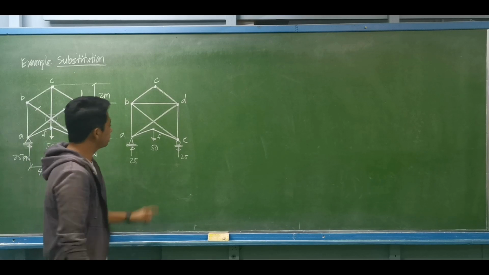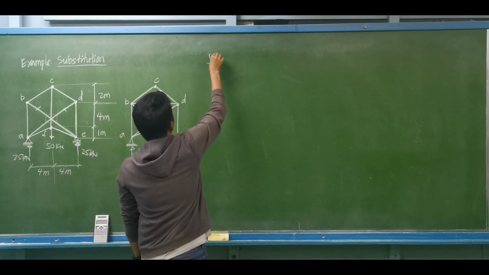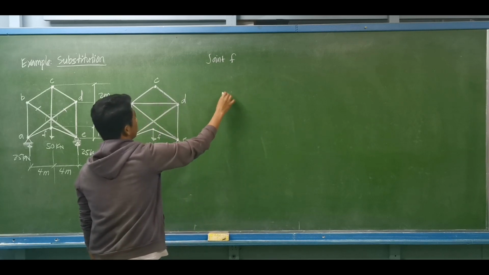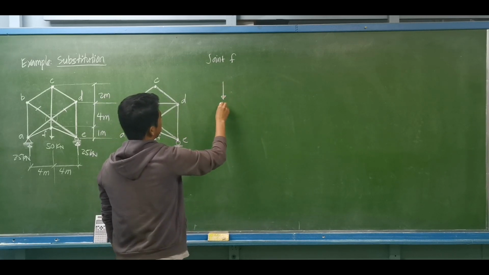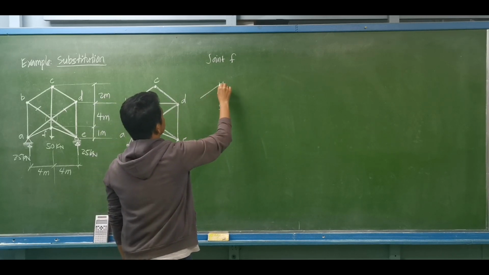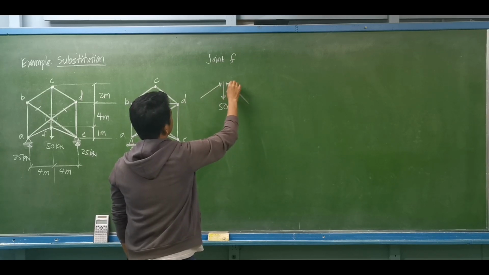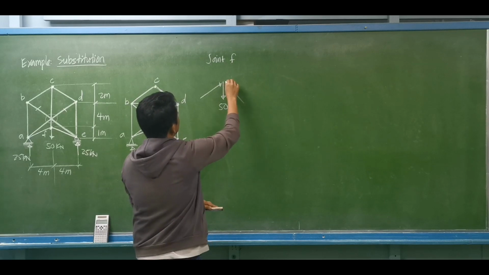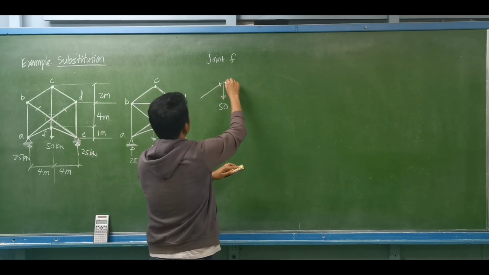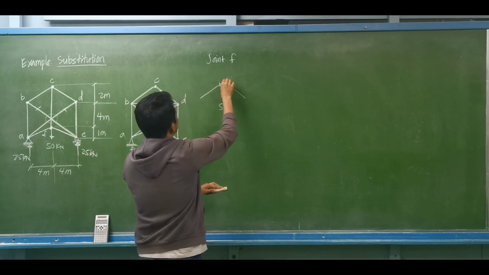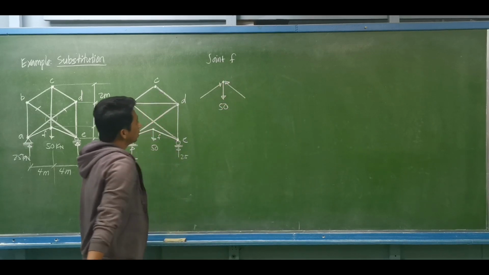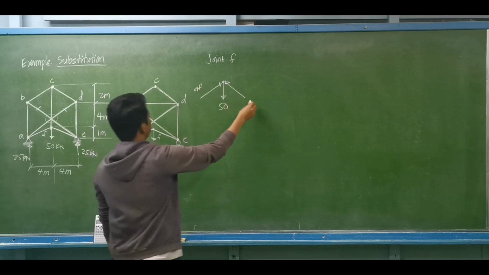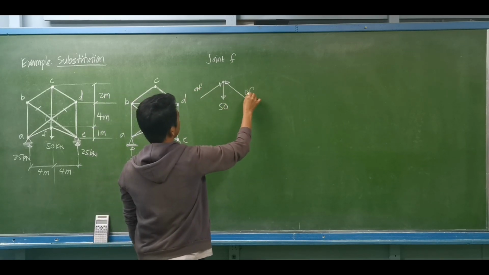First, we start at joint F. At joint F, we have the members connected to it: member AF and member EF.